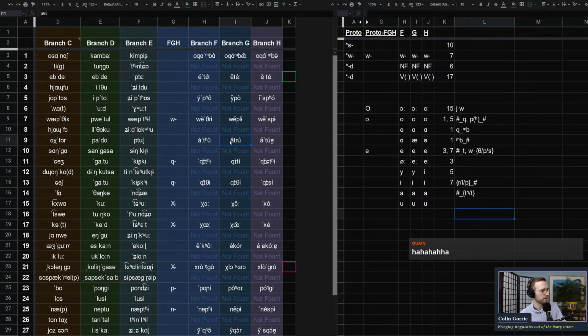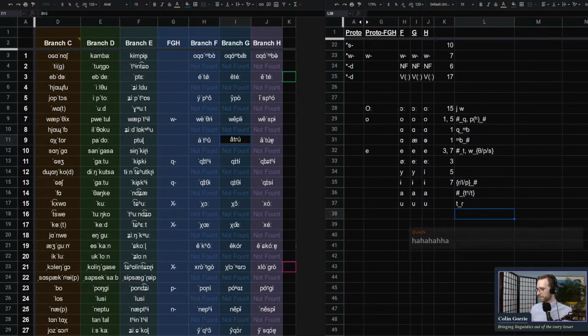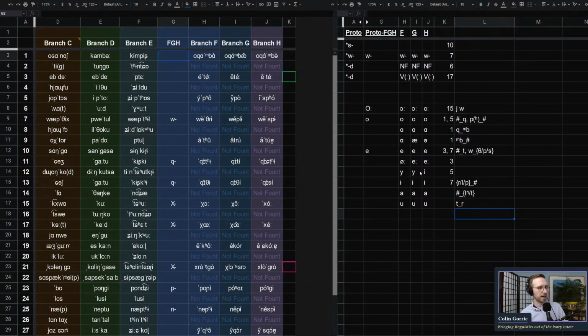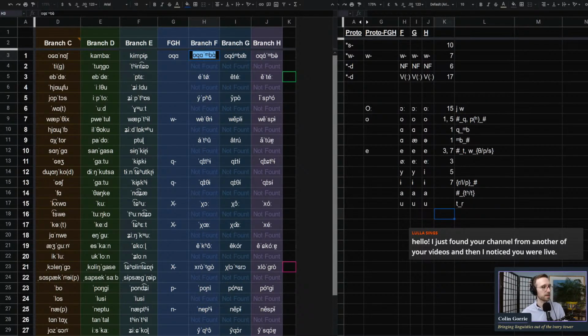It looks like perhaps the R has metathesized in branch G. So I think we can start to be a little confident about O, Q. We only see this after uvulars, but we see it in all three branches, so there's no reason not to put that back into the proto-language.